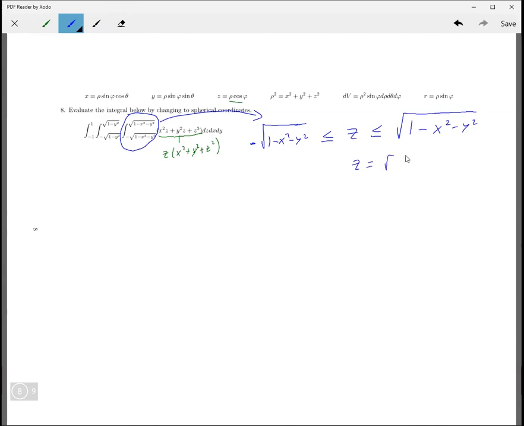If you look at just this one right here, or that one for that matter, and square it, then you get that, right? Which is the sphere. So what this is telling you is that this part is the top of the sphere of radius 1, and this is the bottom of the sphere.